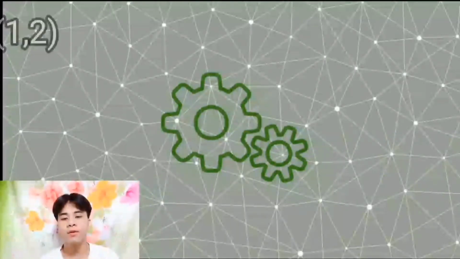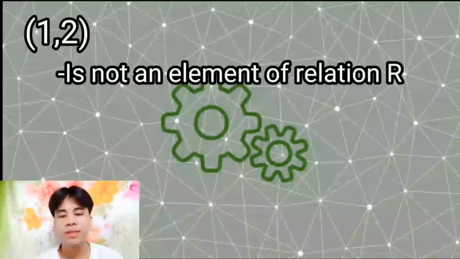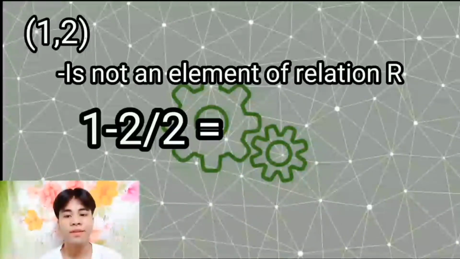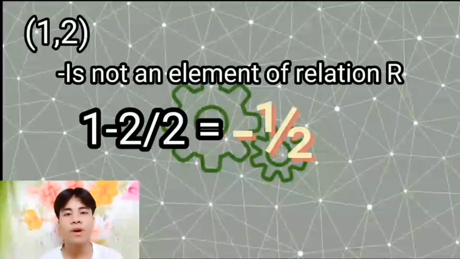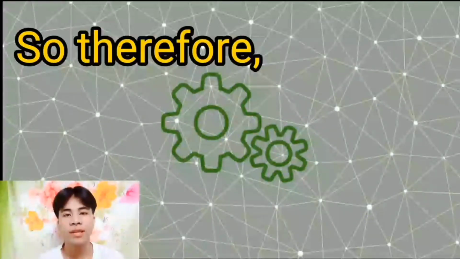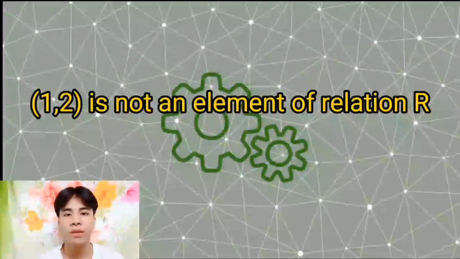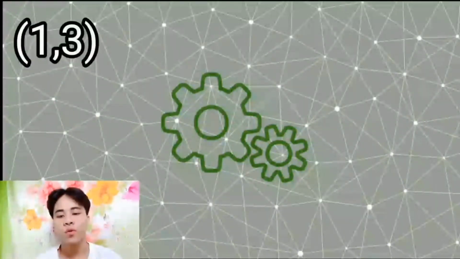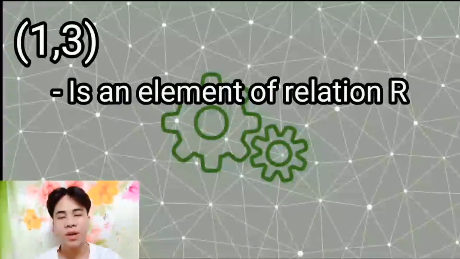Next is (1, 2). So (1, 2) is not an element of relation R kasi pag sinubstitute natin siya sa given statement, ang lalabas ay negative 1 over 2. So, negative 1 over 2 is fraction yung makukuha natin. So, that is not an integer. So, therefore, (1, 2) is not an element of relation R. So, next is (1, 3). So, (1, 3) is an element of relation R. Why?